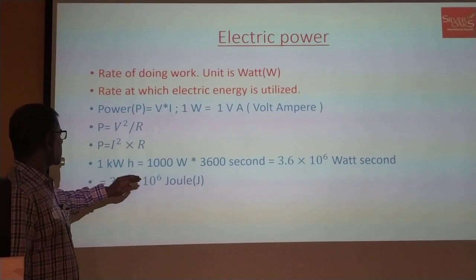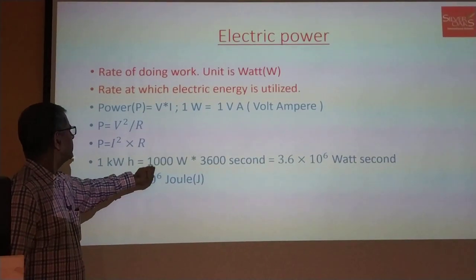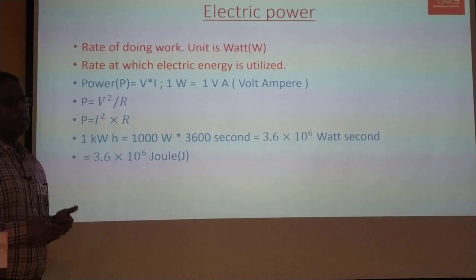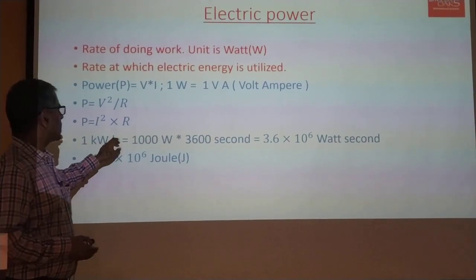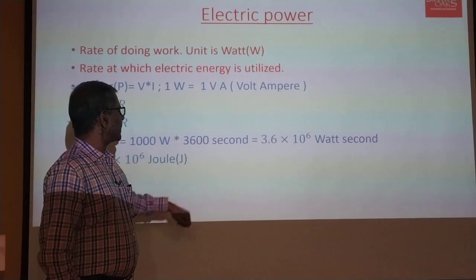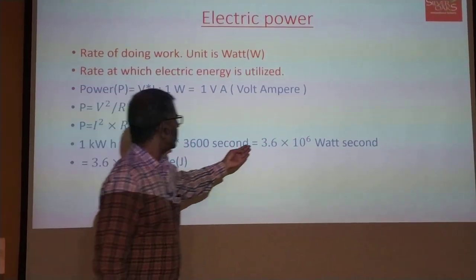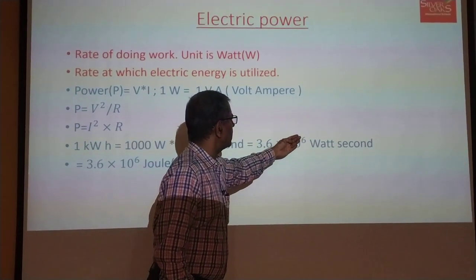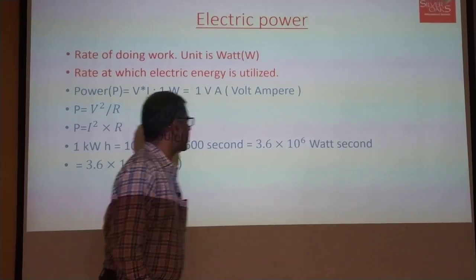So 1 kilowatt hour means 1 kilo, which is 1000, watt hour, and you have to convert hour into second. So how many seconds are in 1 hour? 3600 seconds. If you multiply this, it is equal to 3.6 into 10 to the power 6 watt second.